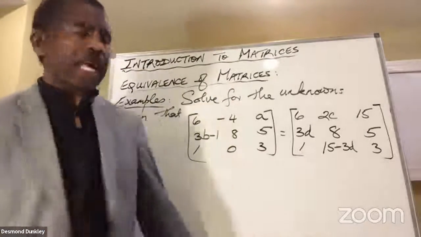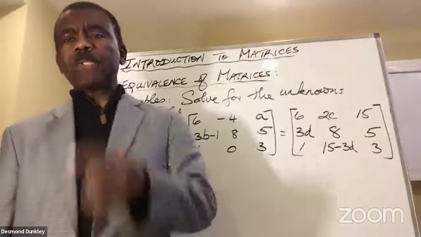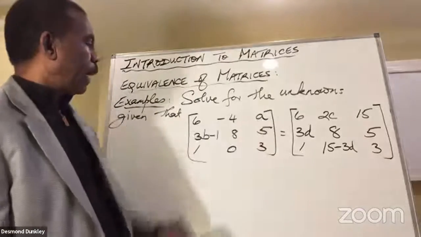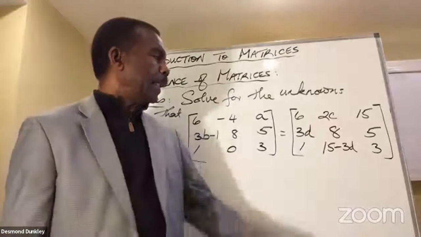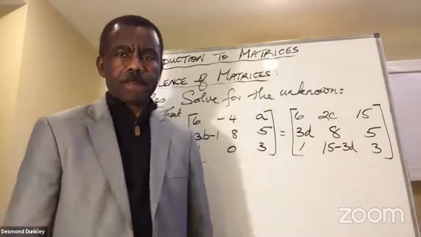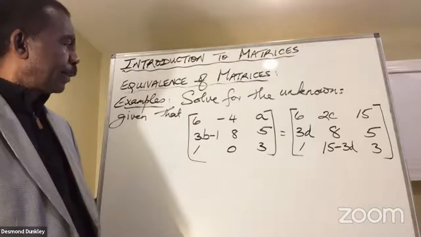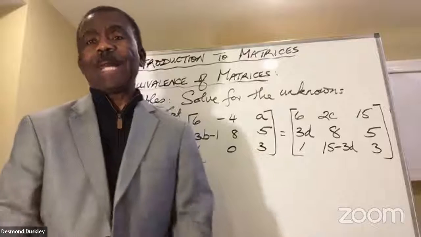And as a result of that, they're asking you to find the value of each unknown. So I see the letter A, I see the letter B, I see the letter C, I see the letter D. Okay? So keep our fingers crossed and let's see what happens.